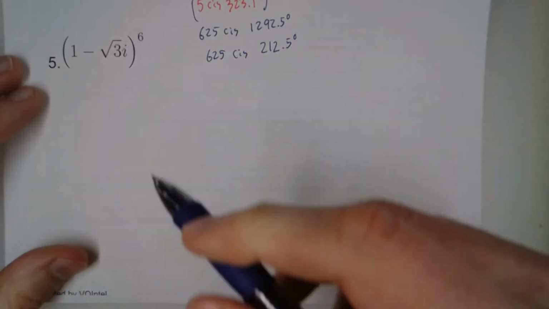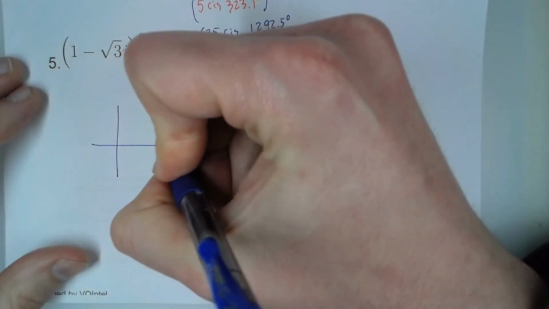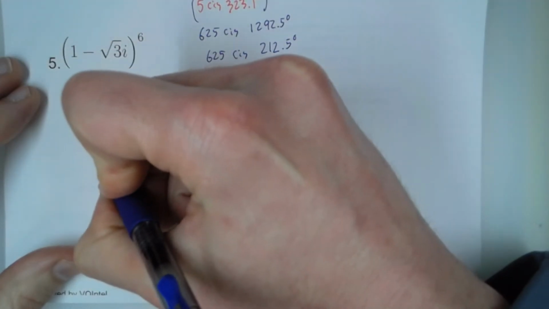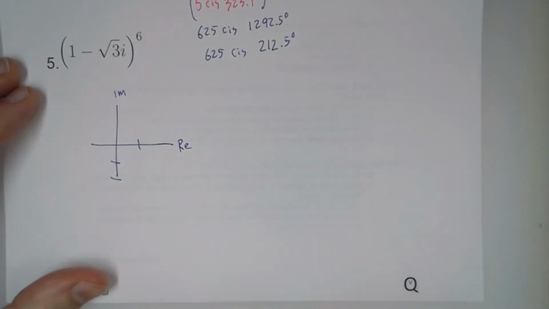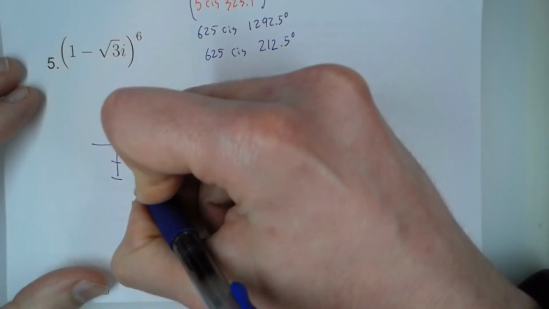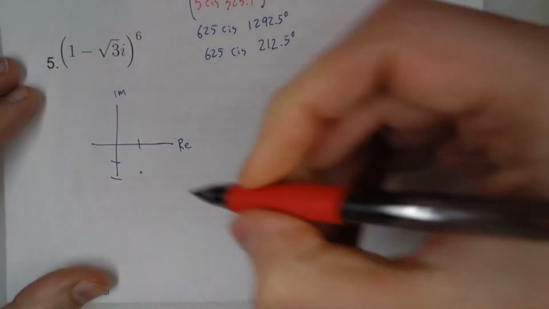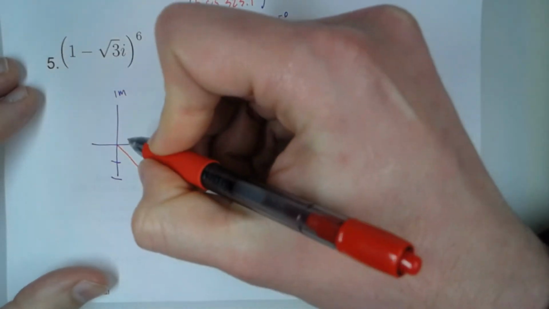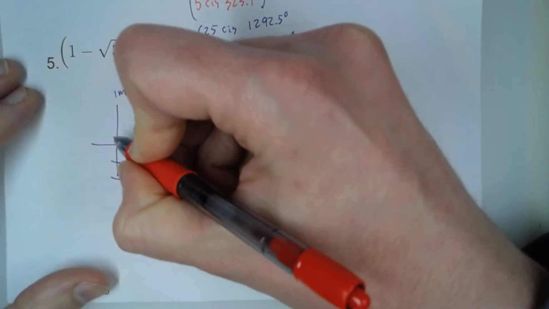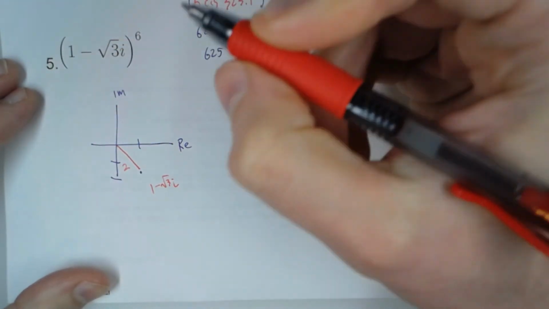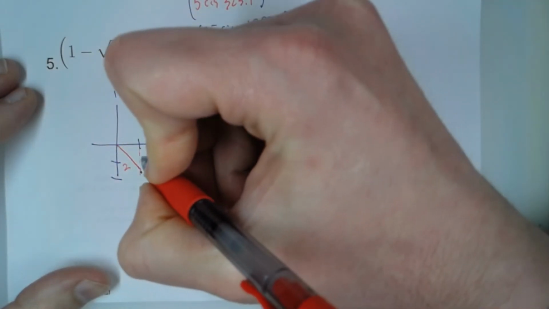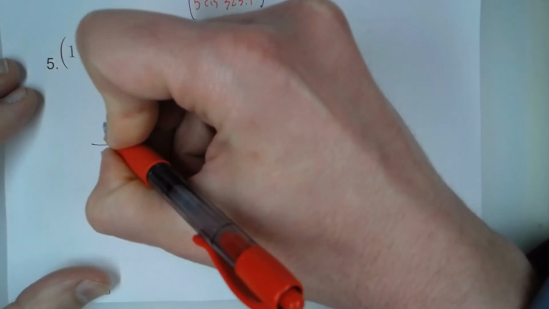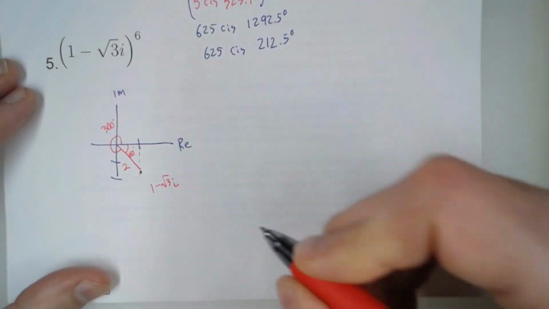And the last one. Here we have 1 minus square root of 3i. So negative square root of 3 is about negative 1.7. Now this makes a 1, square root of 3, 2. That's a Pythagorean triple, because this makes a 30, 60, 90 right triangle, and that's 60 degrees. So this angle over here is 300.